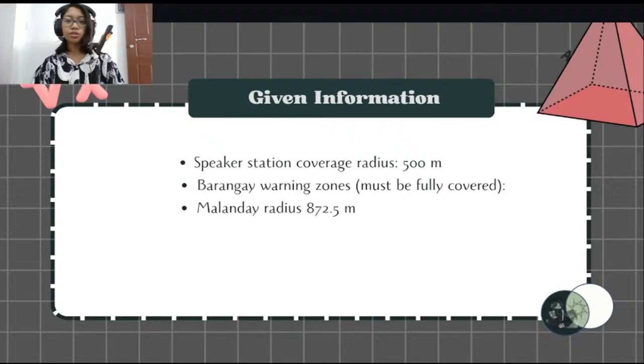Malanday must be warned within 872.5 meters of its center, Tumana within 877.5 meters, Nangka within 1,086.7 meters. Our goal is to make sure that every point inside those zones is within 500 meters of at least one speaker station.